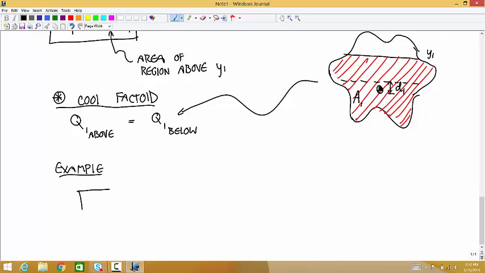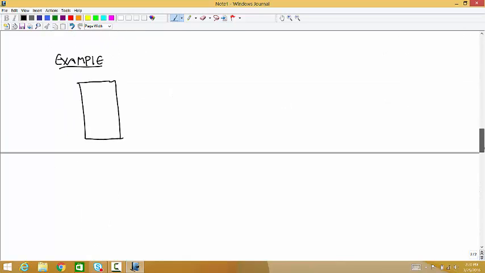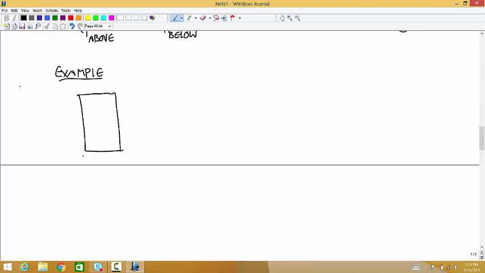So let's say you have a rectangular shape. And the base is 0.5 meters. The height is 1 meter.